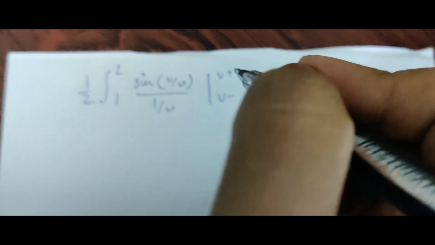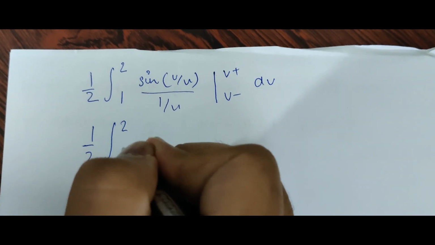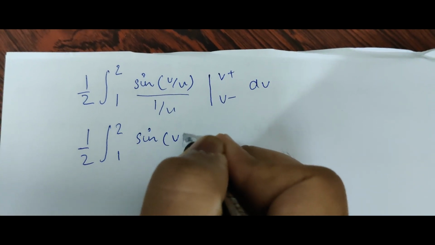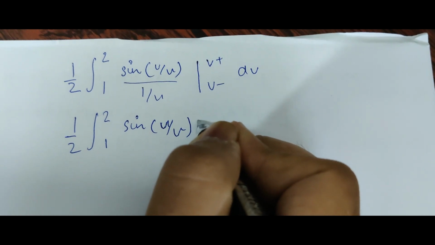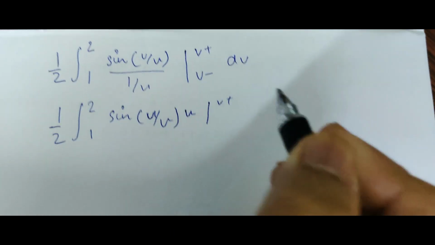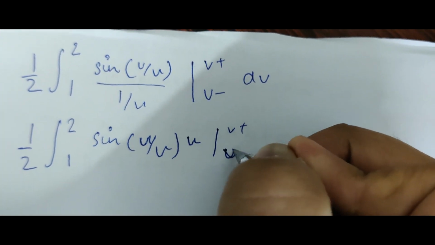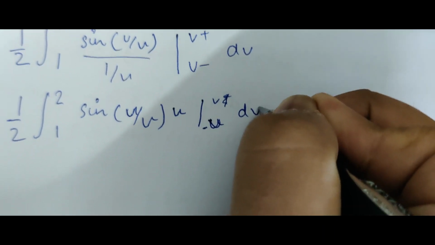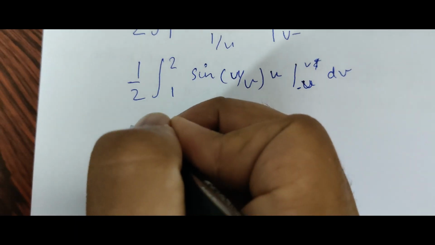Now we can go ahead, half, 2 to 1, sine u by v into v, negative, dv.